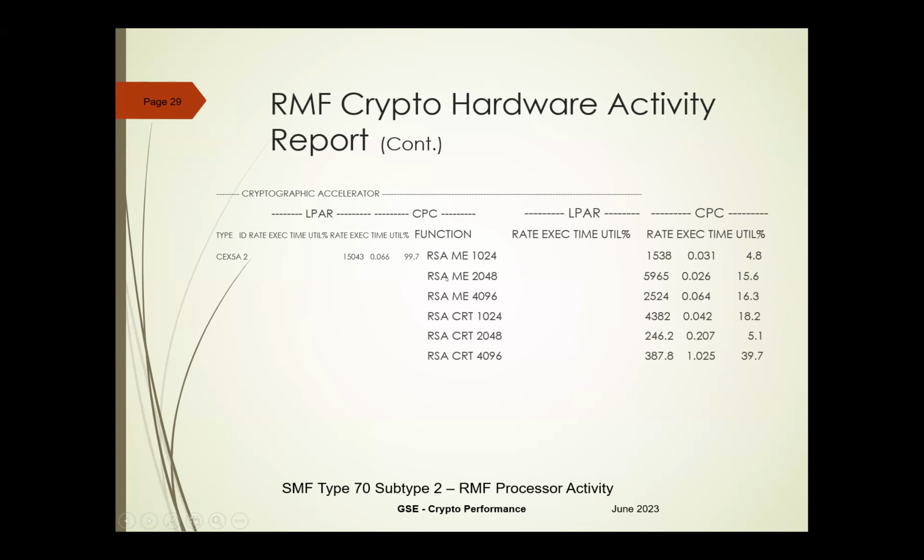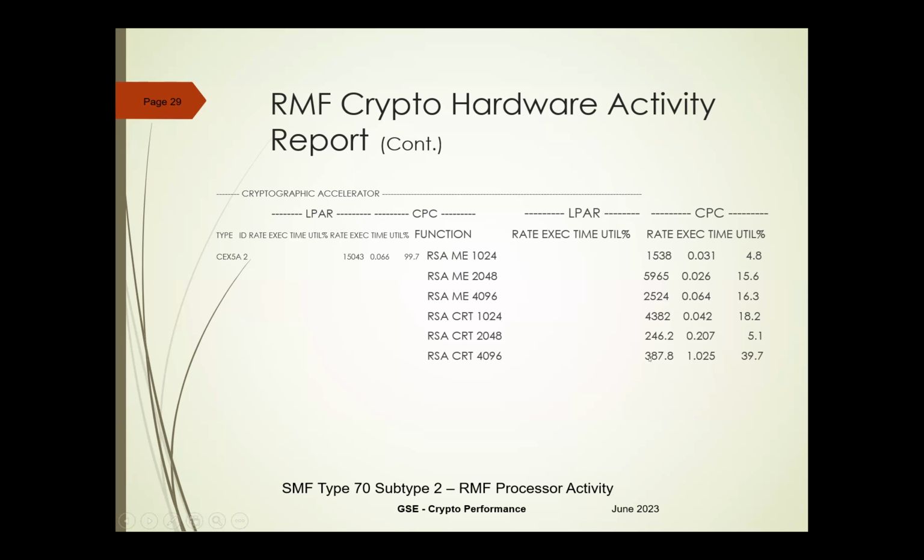The third section of the report is on the accelerator and what work is going through the accelerator. Again, looking at the utilization of the card, this accelerator is running kind of hot. Might be time to add some more resources. With the accelerator, we do provide a breakdown by key types: RSA, modulus exponentiation, or Chinese remainder theorem, and then the key lengths.